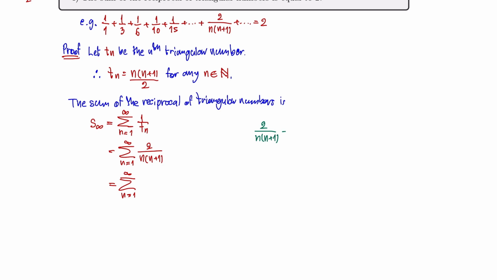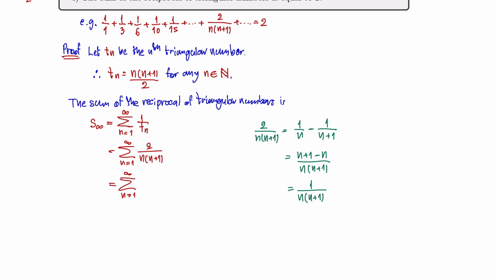Let's try to subtract these fractions: 1 over n minus 1 over n plus 1 gives n plus 1 minus n over n times n plus 1, which is actually 1 over n times n plus 1.